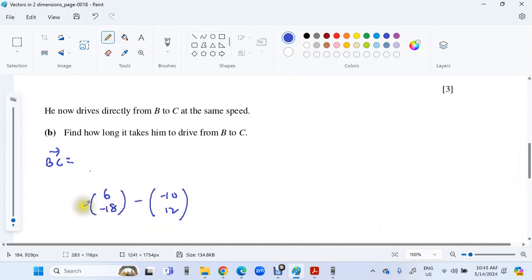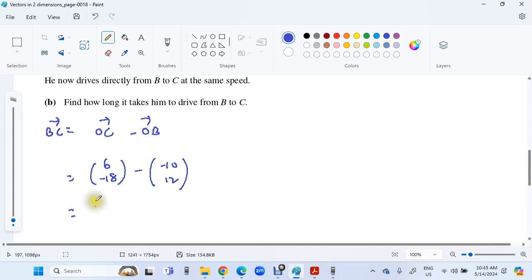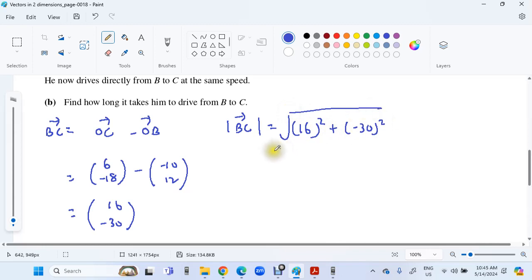So BC is actually OC minus OB. So we have 16 and then negative 30. The distance will be the magnitude of BC, the square root of 16 squared plus negative 30 squared.